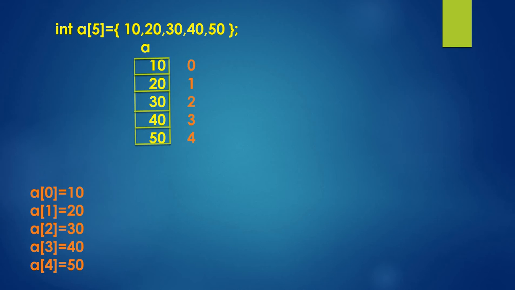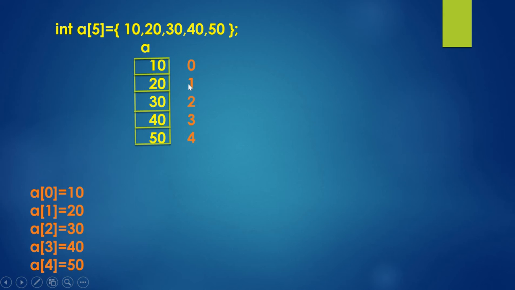The subscripts are 0 to 4. That is, the first element is a of 0. The first subscript is 0, the first element is a of 0, and a of 0 is 10.